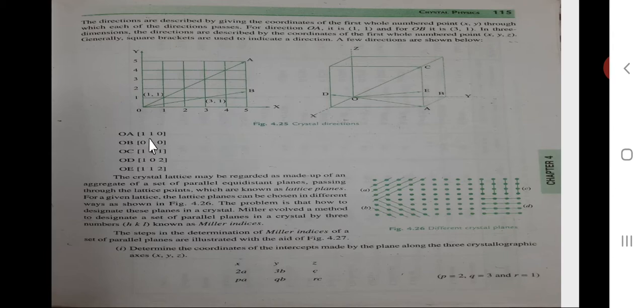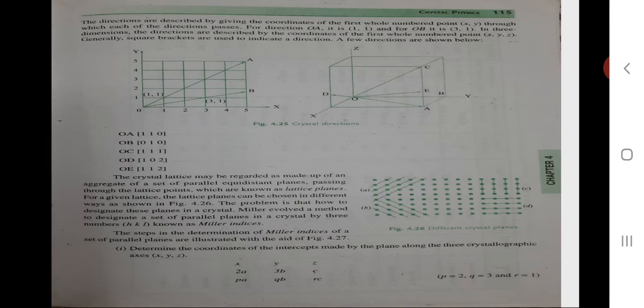Direction OA in square brackets is 1 1 0. Then OB is 0 1 0. Then OC is 1 1 1. OD is 1 0 2, and OE is 1 1 2.